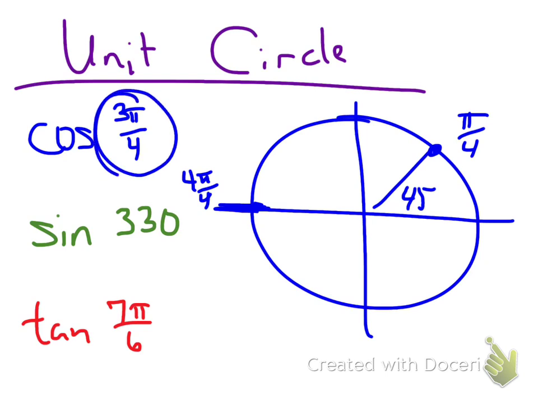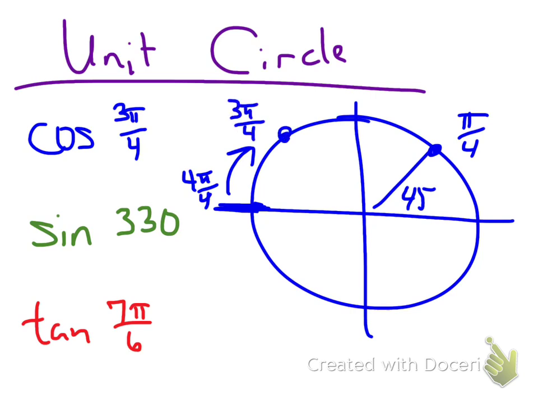So this is located one back from there. So 3 pi over 4 is right there. It is this triangle. It is a 45-degree reference angle. It's the same as 135 degrees.